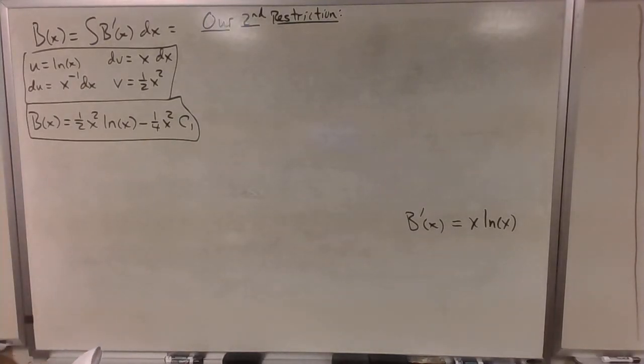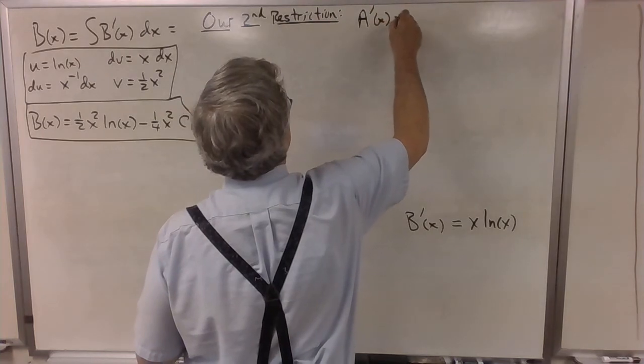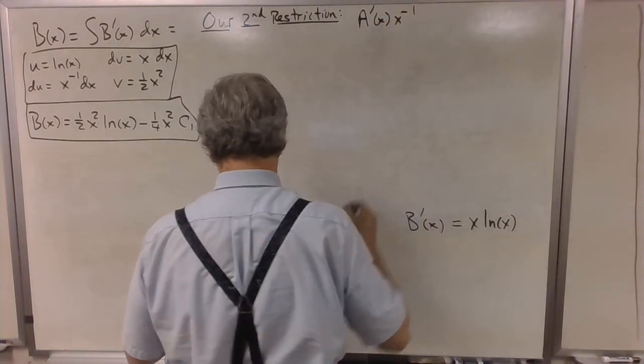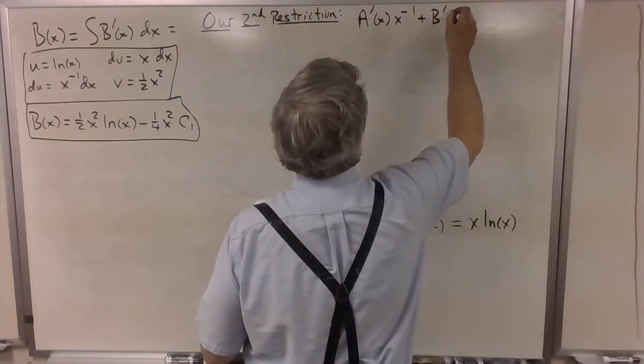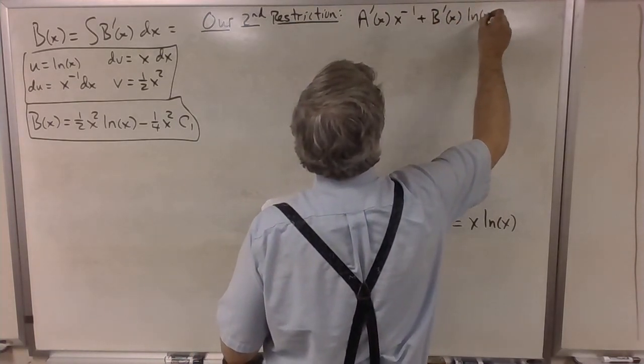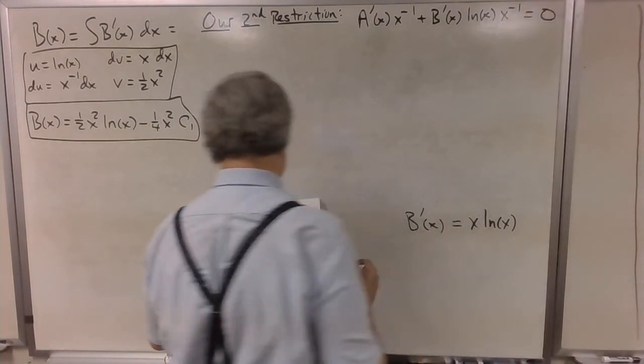and thank goodness I wrote it down here, or at least I think I wrote it down here. Did I write it down here? No, I didn't. Ah, my goodness. Yeah, I did. a prime of x times x to the negative 1, plus b prime of x times natural log of x times x to the negative 1, is 0.